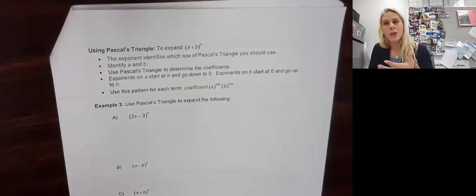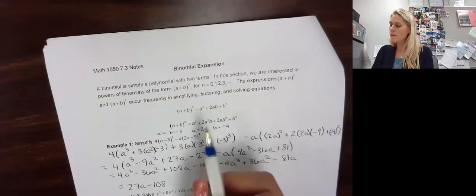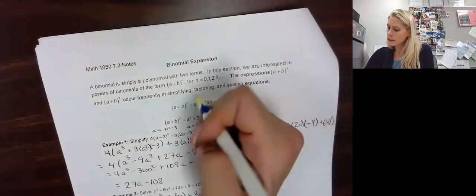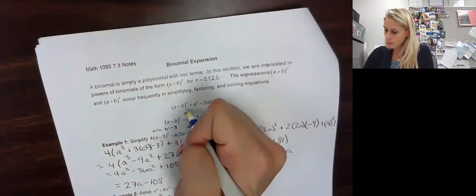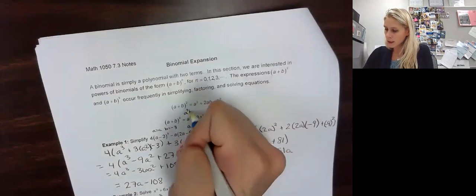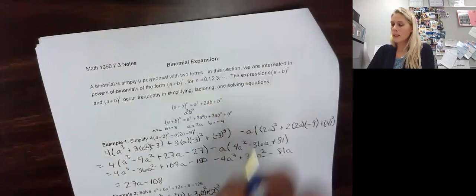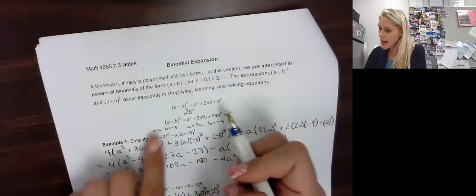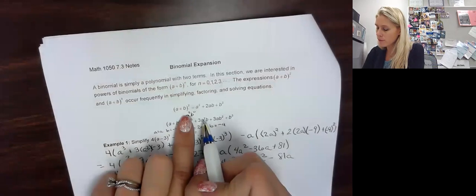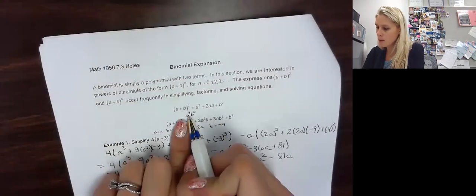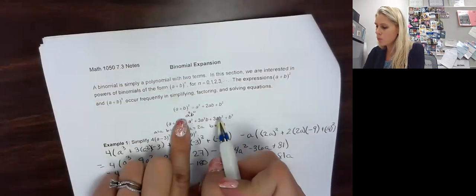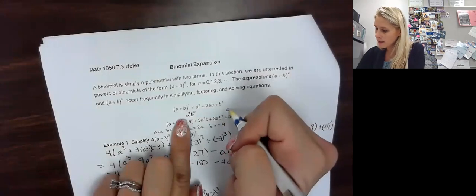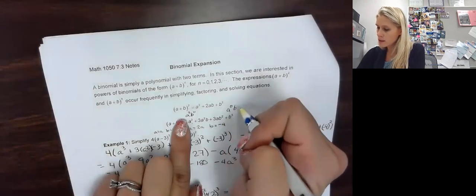And now there's another pattern that happens, and we can see it with the cubic. Let's go back. If you look at this, a cubed is actually a cubed times b to the 0, because b to the 0 is 1. And then if you look at the exponent for the a, it went down by 1. 3, 2, 1, and here, 0.